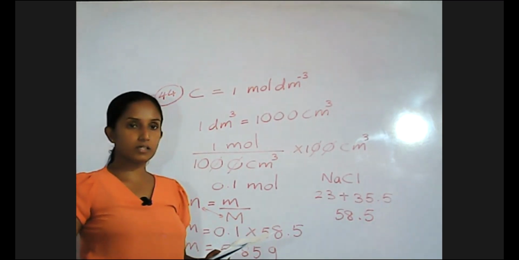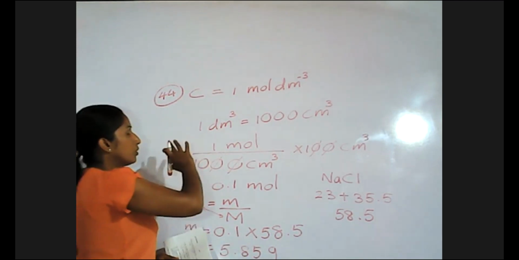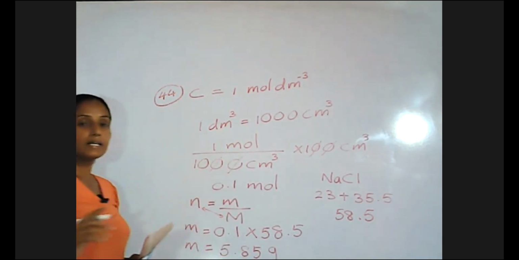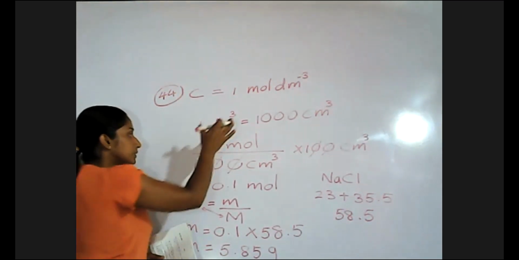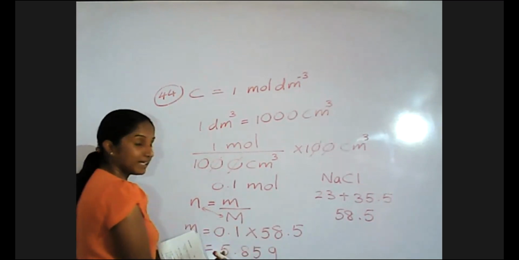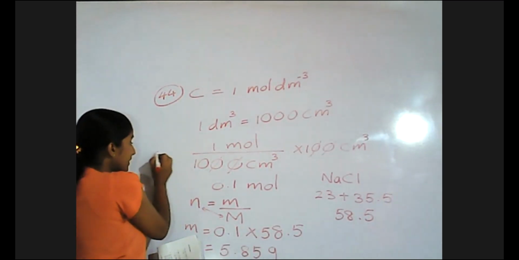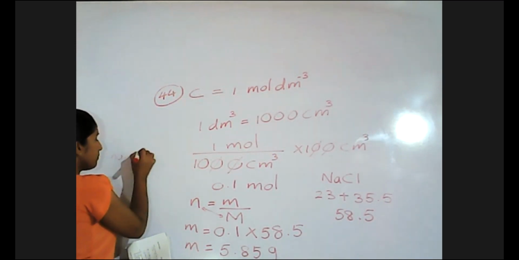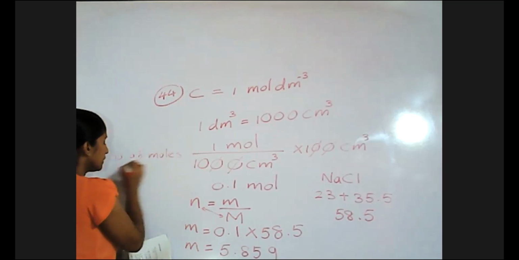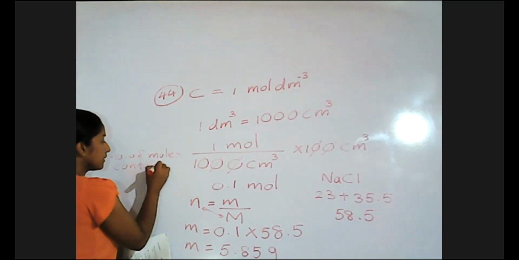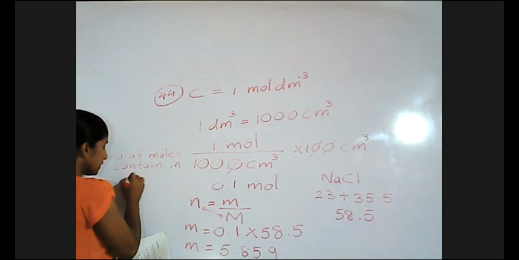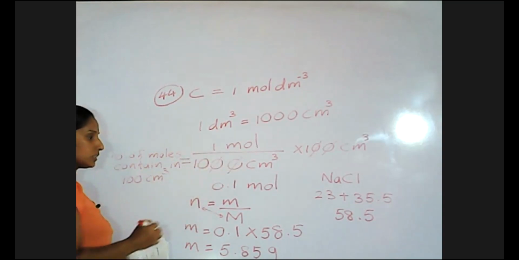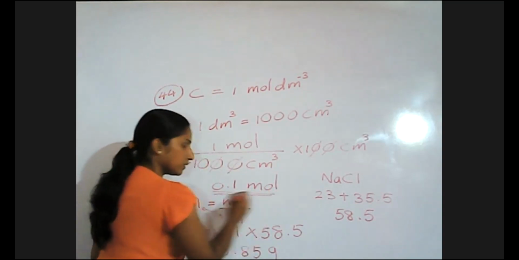Third one, right? So questions like this can be given in the structured paper or the essay paper also. Step by step you have to do the calculations in this way, and you have to write the sentence here also. Number of moles contained in 100 cubic centimeters, then 0.1.